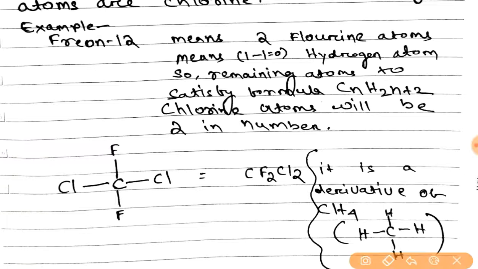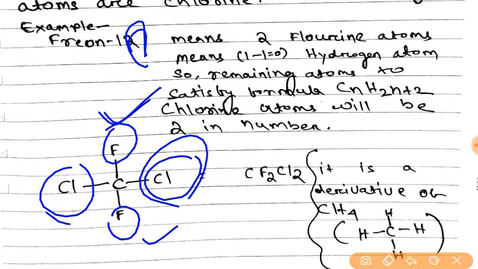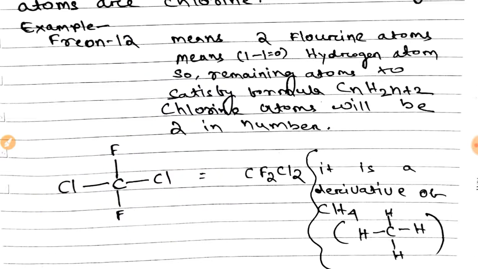So we replace them with 2 fluorine atoms and 2 chlorine atoms, because 2 is given for fluorine atoms, and the rest, chlorine, is 2. So we have understood Freon 12.